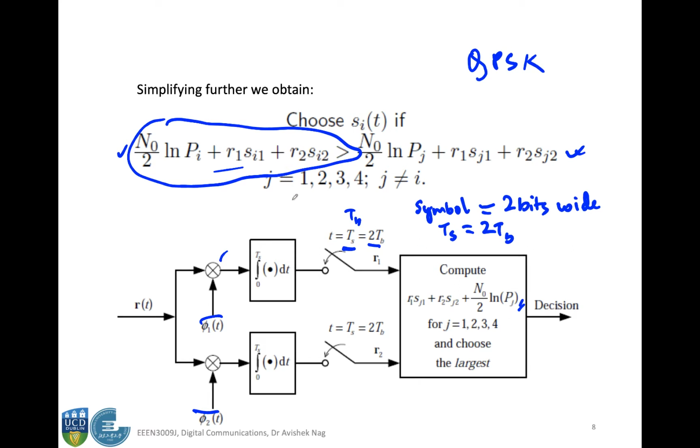You compute these terms for all the cases 1, 2, 3, 4, and you choose the largest. If this term is largest for j equal to 1, then you choose S1. If this term is largest for j equal to 2, you choose S2, and so on. That is your optimum decision, which is the output of this circuit.